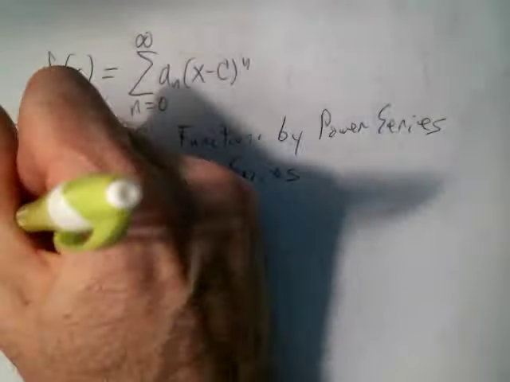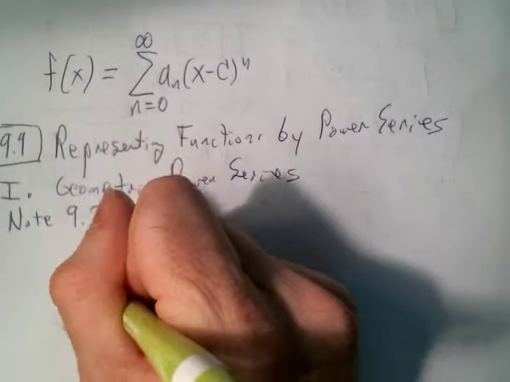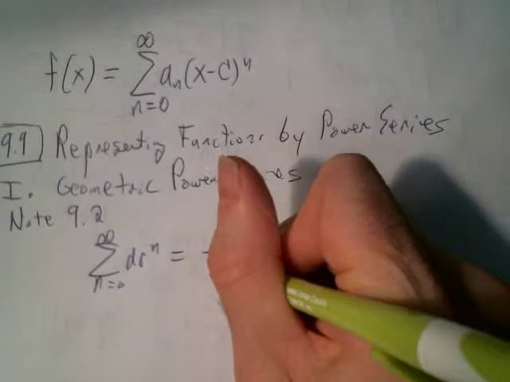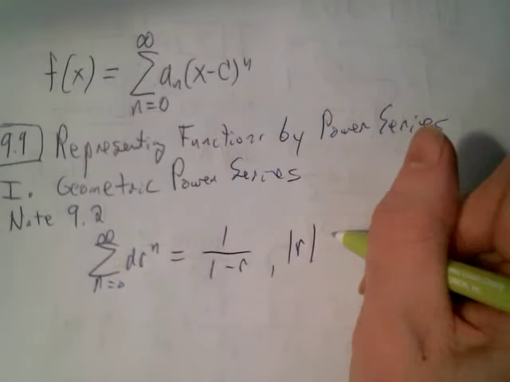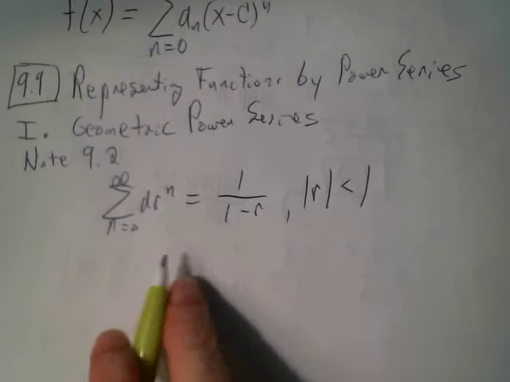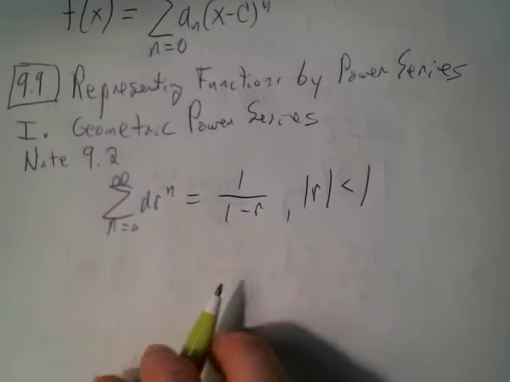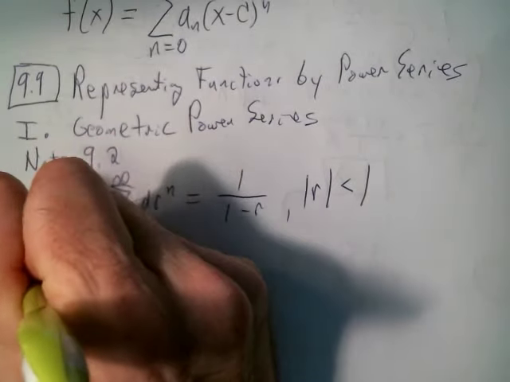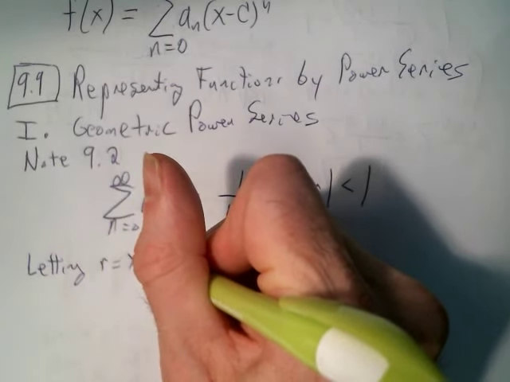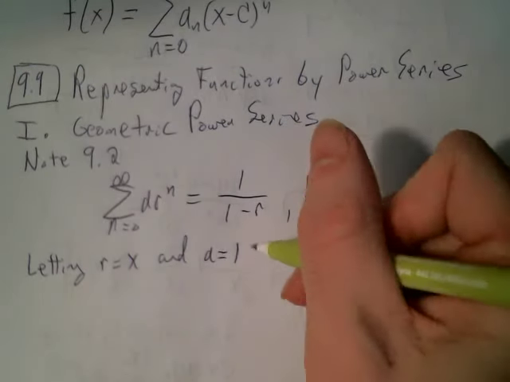And what did that say? That said, and this was way back in 9.2, we had this form: the sum from n equals 0 to infinity of ar to the n was equal to 1 all over 1 minus r when the absolute value of r was less than 1. What we're going to do is just rewrite this with x, and we'll see what we have is essentially a power series for the function 1 over 1 minus x. So letting r equal x, and just to make matters a little more simple, let's let a equal 1.